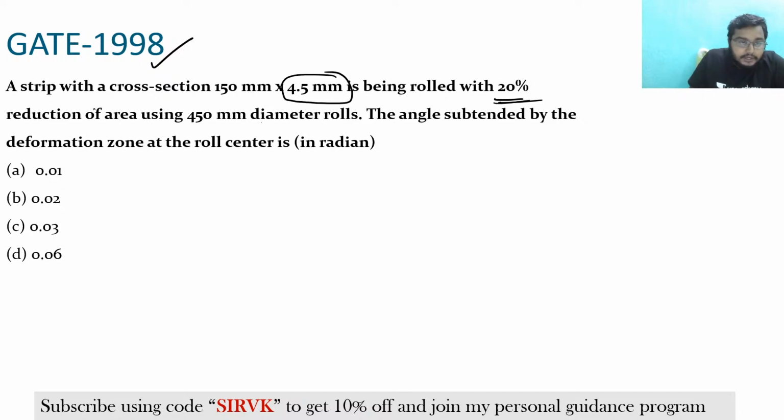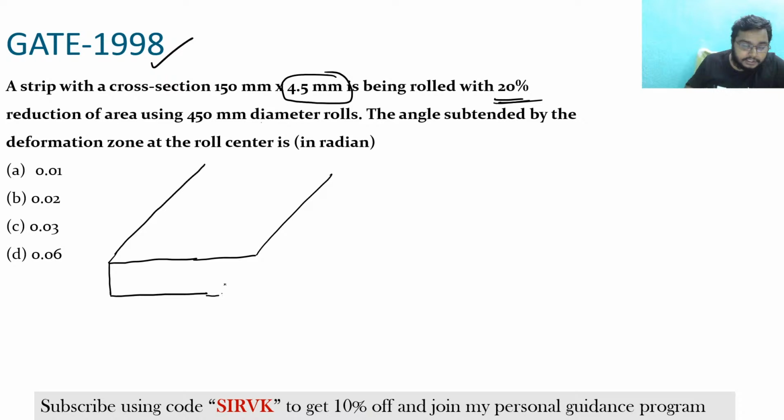See, a strip with a cross section 150 mm into 4.5 mm is being rolled with a 20% reduction. So see here, there is a sheet. The sheet is like this, right? And these kinds of sheets are going in the rollers, so the roller is like this.